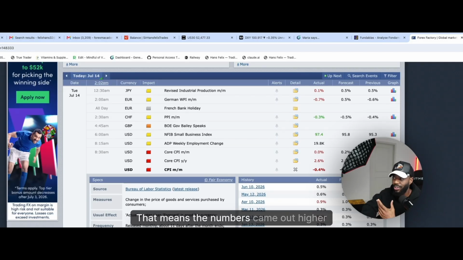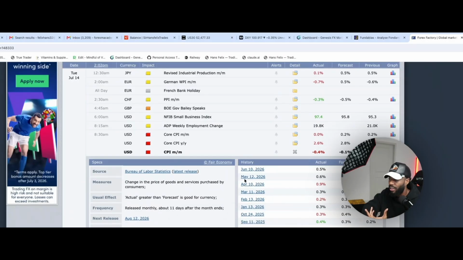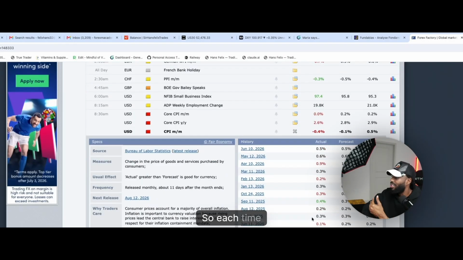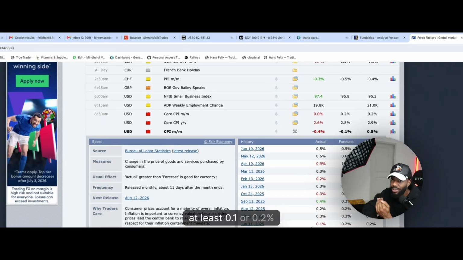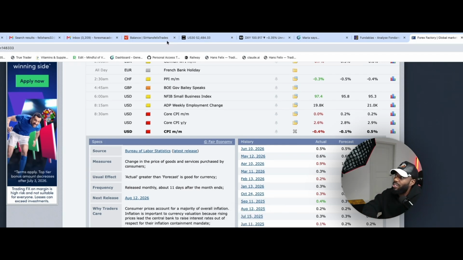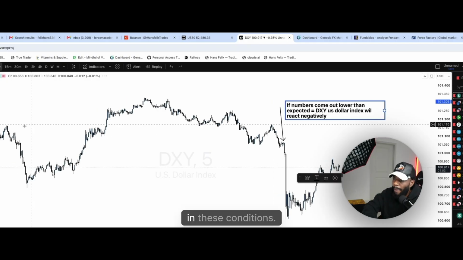That means the numbers came out higher than expected, not significantly higher, but at least higher. So each time you notice that the forecast was a certain number and they go at least 0.1 or 0.2% different than expected, you will expect the US dollar to react in that direction.